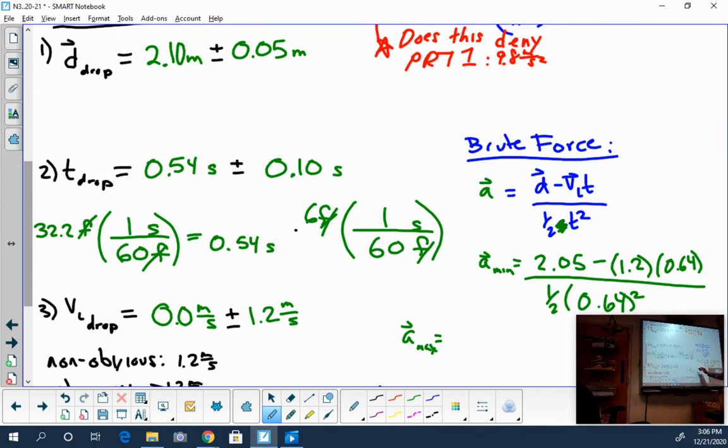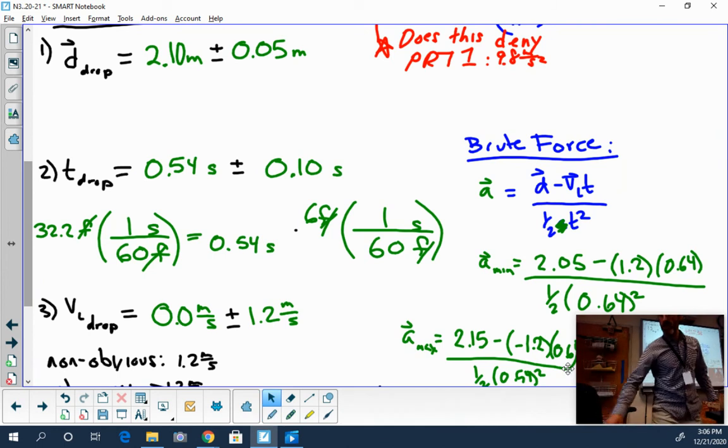So for A max, you would have your biggest possible D here, which is 2.15, minus, this one now you want the smallest VI, which is negative 1.2 times, and you want the time as big as possible, 0.64. Over 1/2. You want the smallest time down here, 0.54 squared.